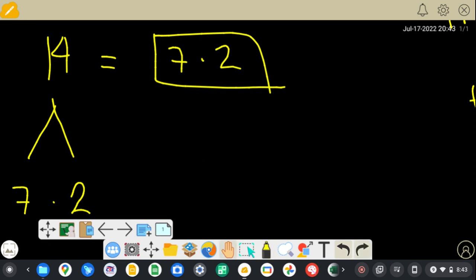Okay, so what is a prime number? A prime number is a number greater than 1 that has only factors of 1 and itself. For example, 2. Is this a prime number?